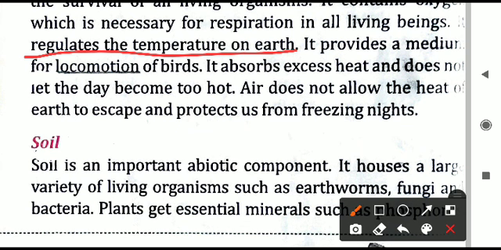Normally the sun is sending its solar energy and air is getting heated. Air around the earth, that is the atmosphere, is a layer of gases. So all these gases are getting heated up and it leads to the normal temperature for us to live. If air is not there, then what will happen? All the heat from the sun will come on the earth and it will simply go back.